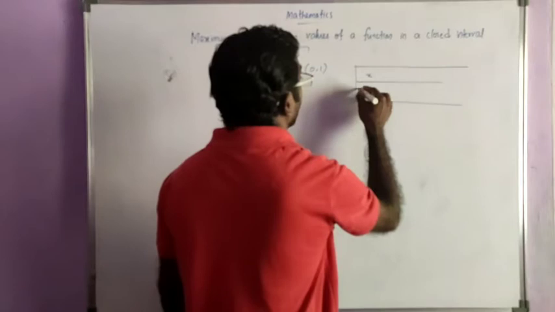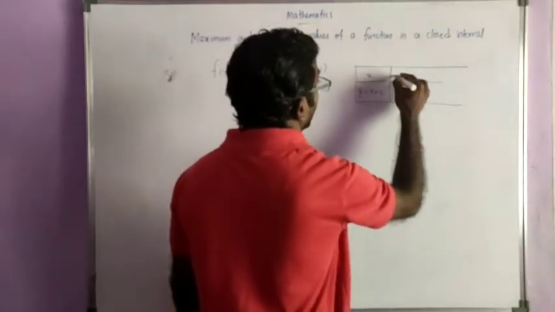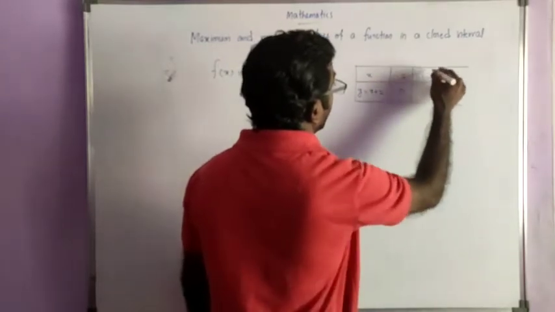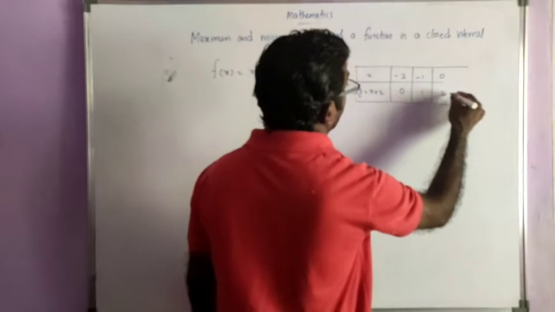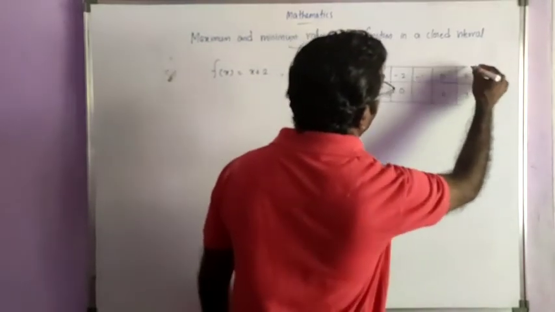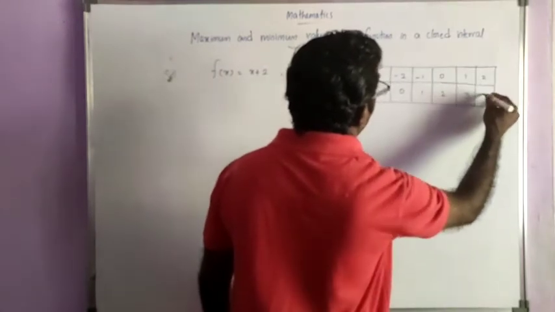Your x value, corresponding y value is x plus 2. So if x is minus 2, plus 2 is 0; minus 1, then 1; 0, 2; then 1, 3; and when x equal to 2, y equal to 4.